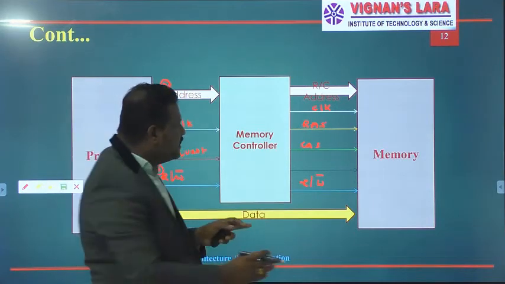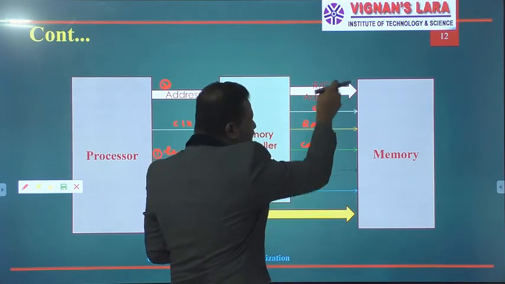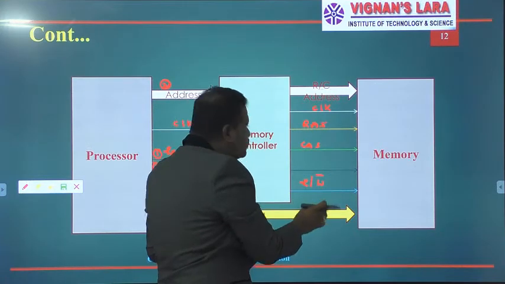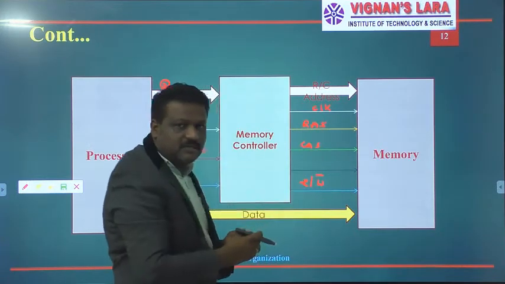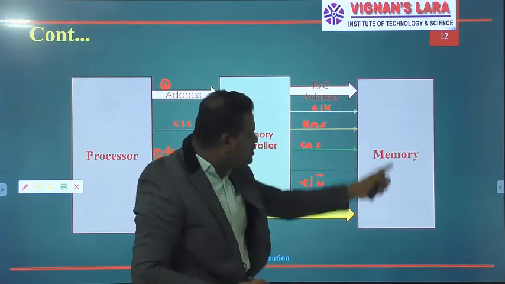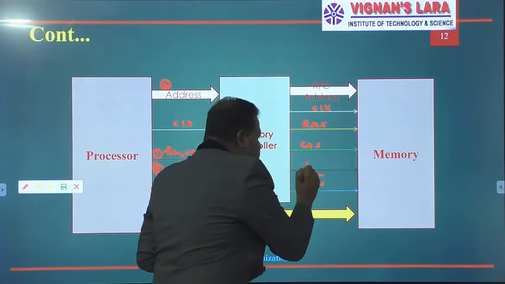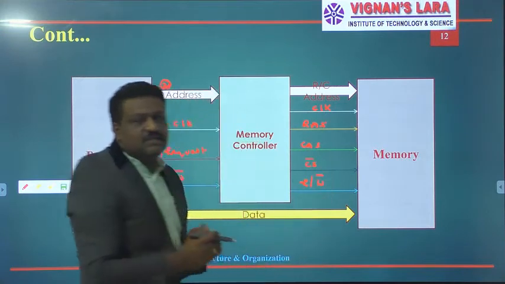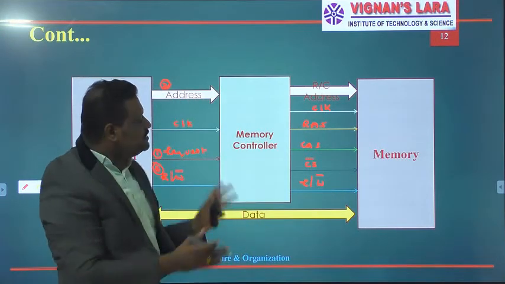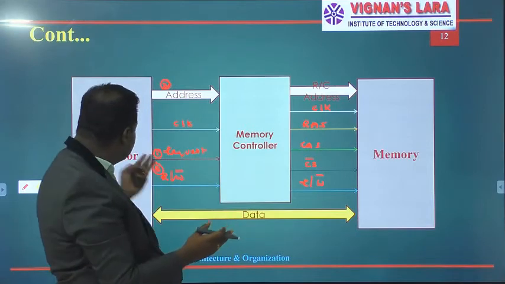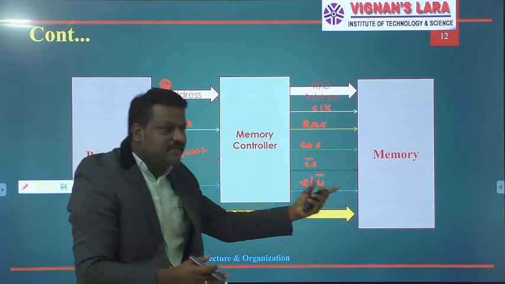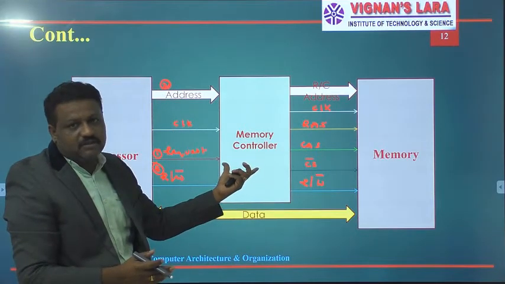And one more thing, the memory can accept the address as well as the clock and these two control signals only when the memory chip is enabled. The memory chip is enabled by receiving the chip select signal, CS bar. These are the different signals that exist between the processor, the memory and the memory controller.